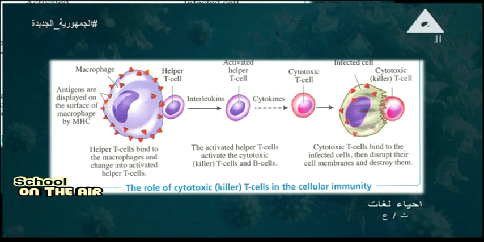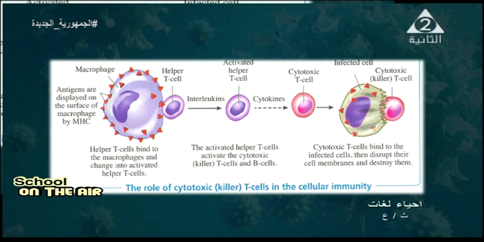You can see that the cell contains antigen which is displayed on the surface of the macrophage by MHC. MHC means major histocompatibility protein complex. The helper T cell binds to the macrophage and changes into an activated helper T cell.